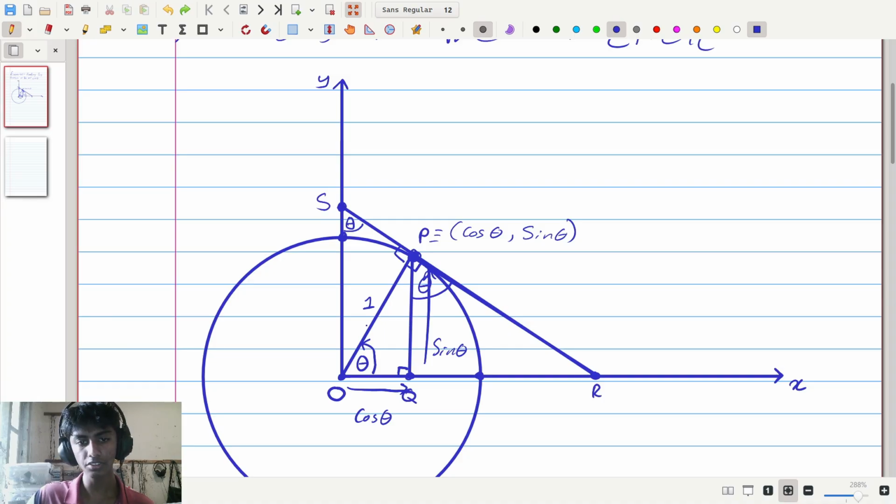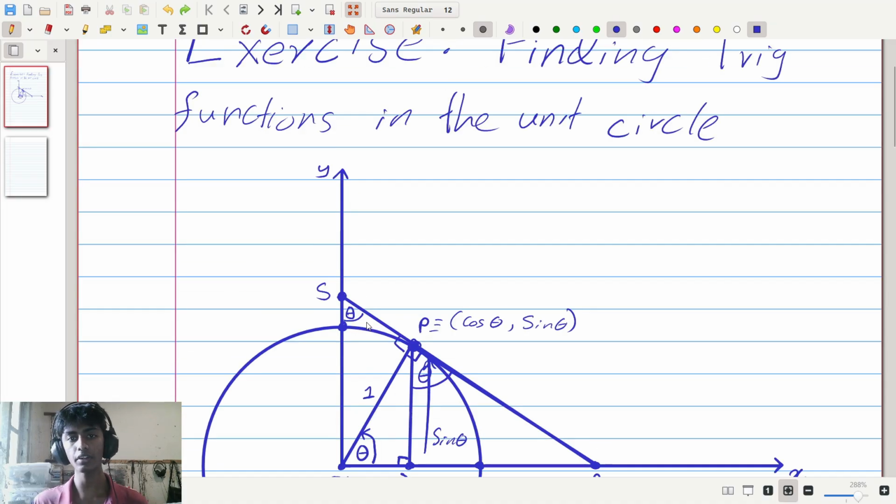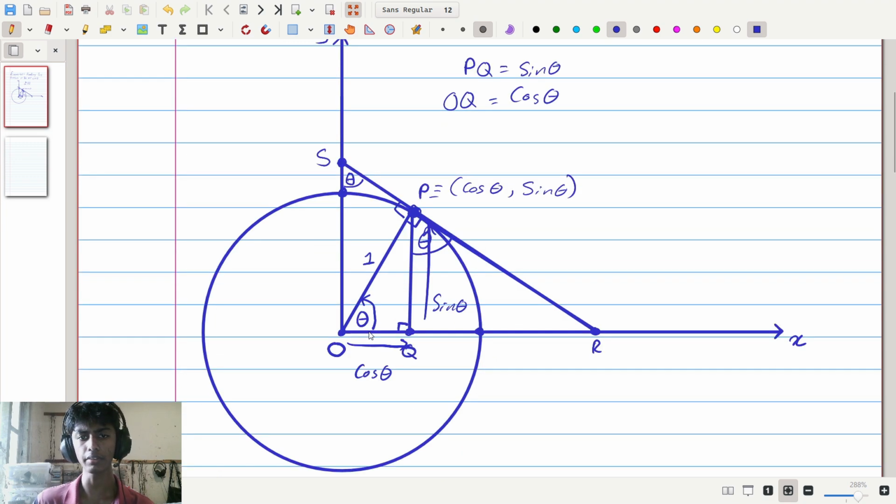Similarly, the adjacent side to theta here is OQ, so OQ divided by 1 would be cos theta, so OQ would be cos theta. So immediately we can write that PQ is sine theta in this diagram and OQ is cosine theta.